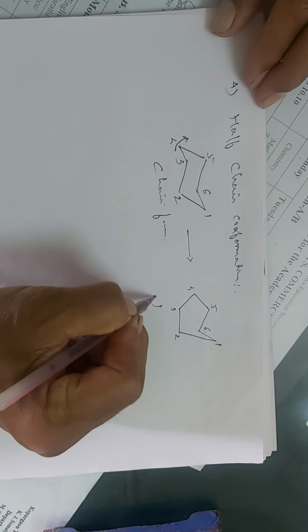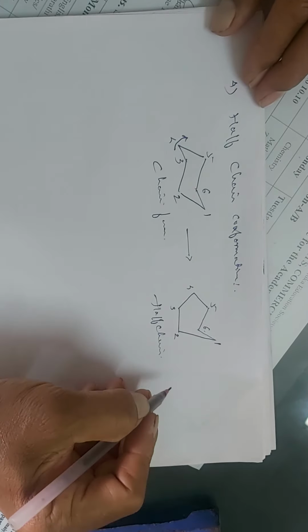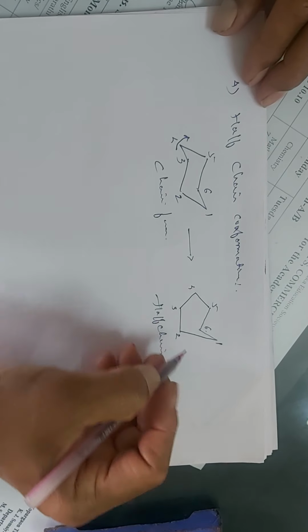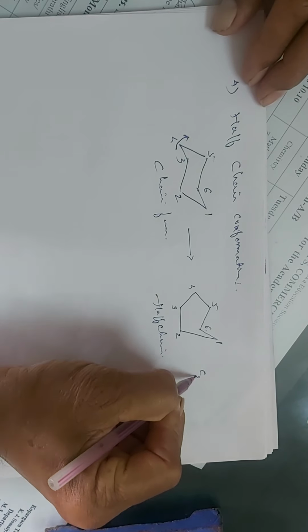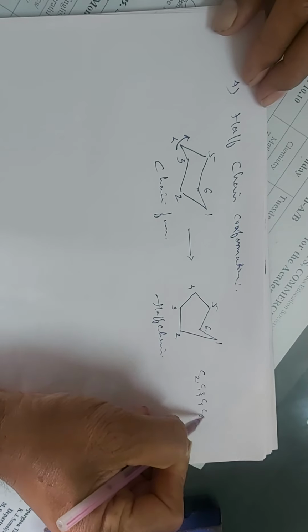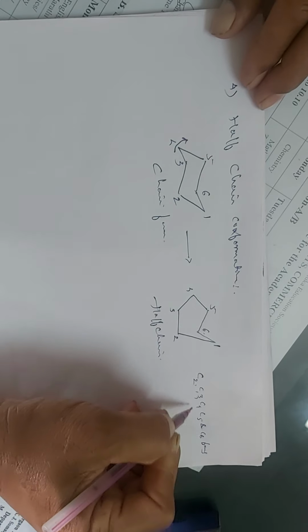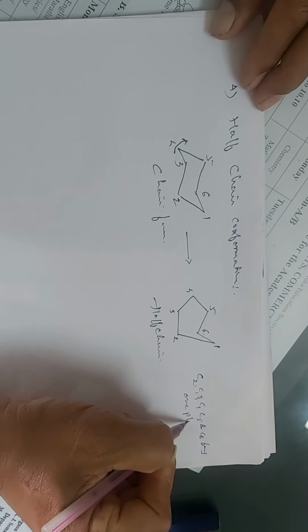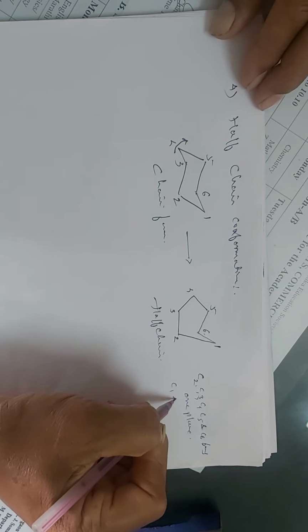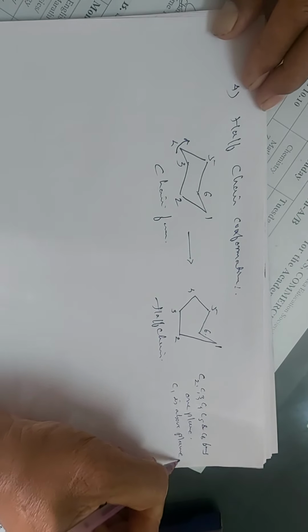And so this conformation is called the half chair conformation. It means that C2, C3, C4, C5 and C6 form one plane, and C1 is above the plane, and so it is called the half chair conformation.